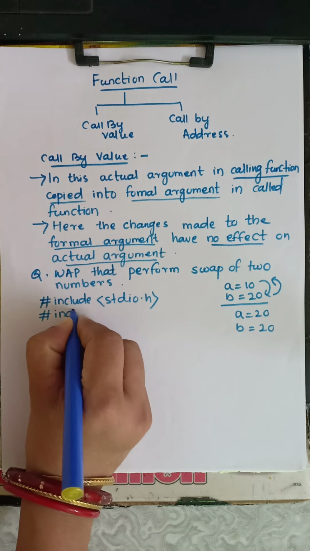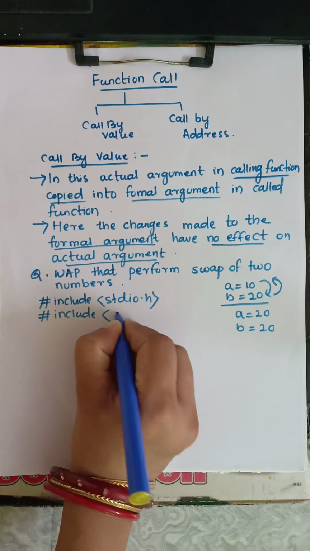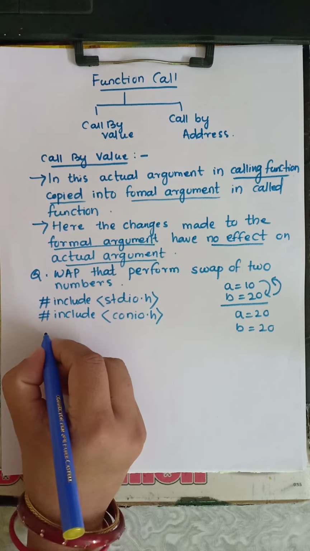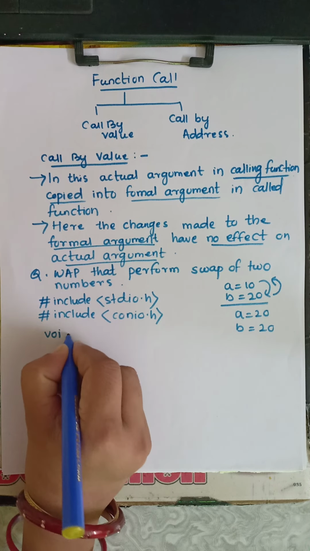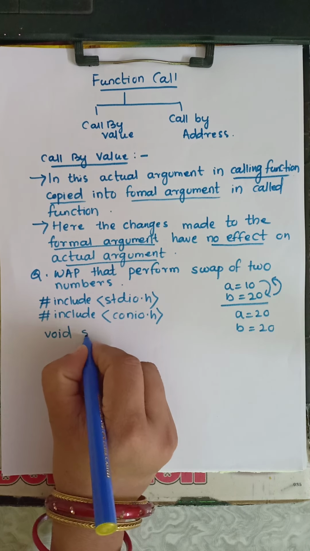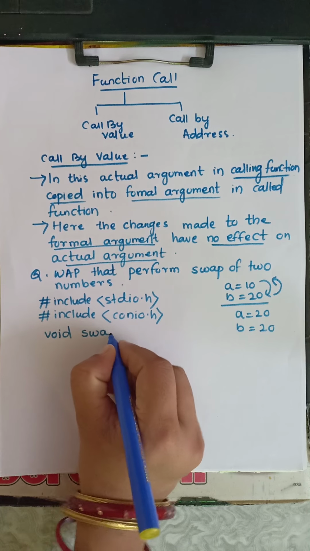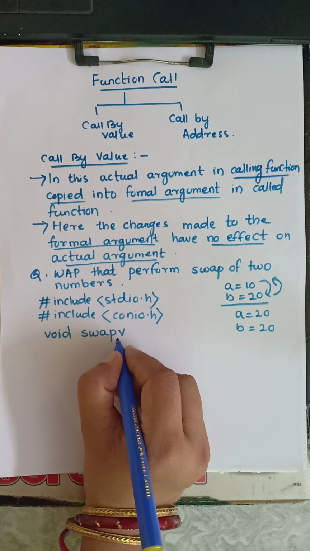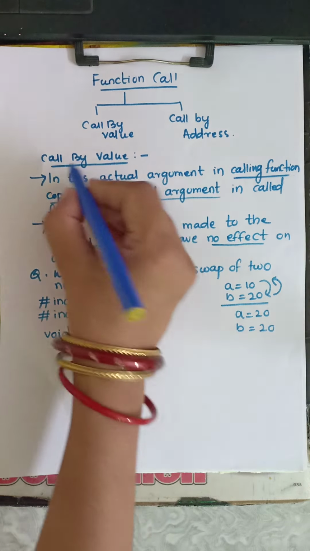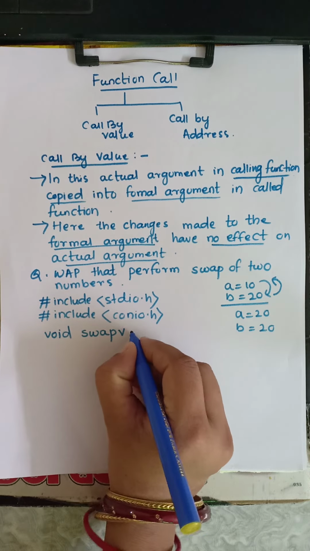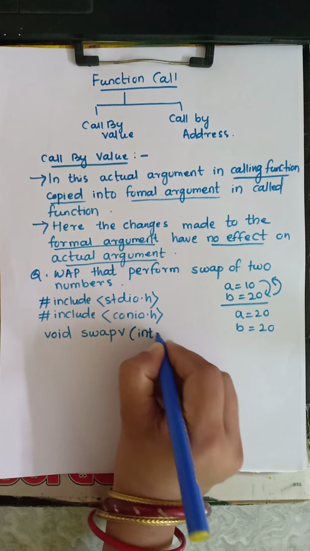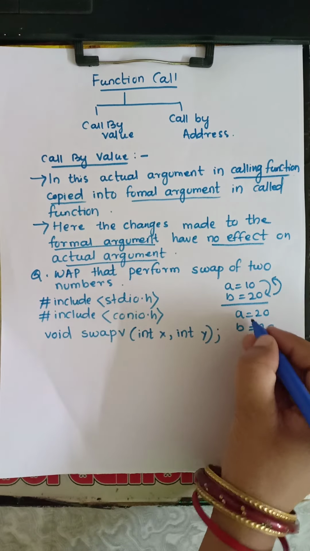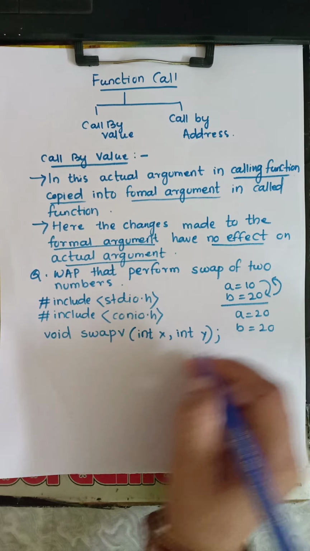stdio.h, conio.h. Next we start our function declaration part. The function name is swap_v, swapping of the variables using call by value. Here I write void swap_v(int x, int y), because we are using two variable values.